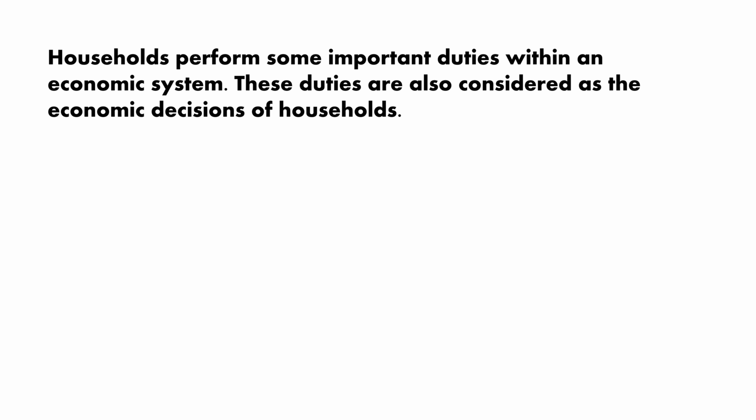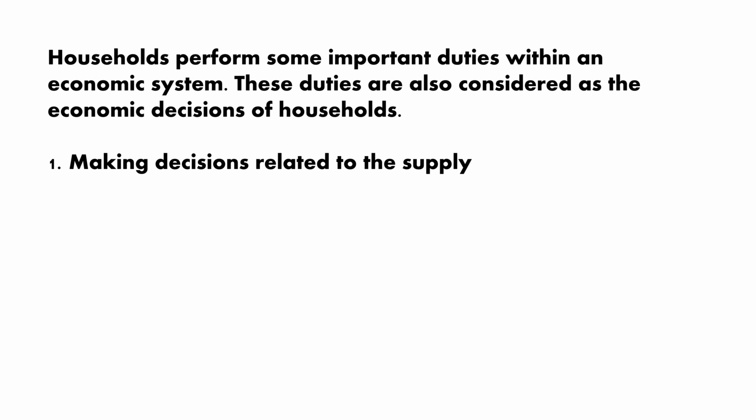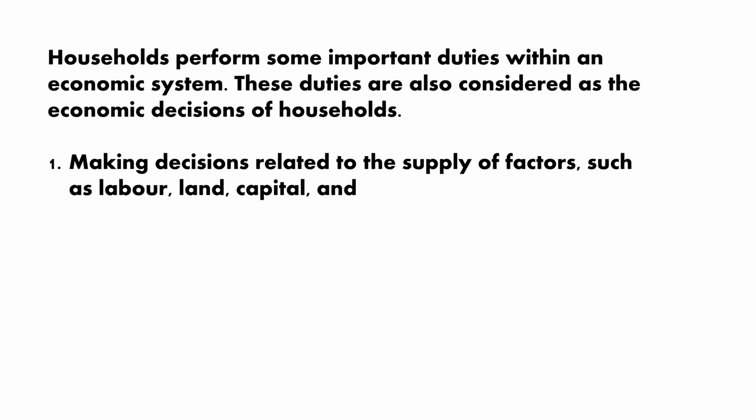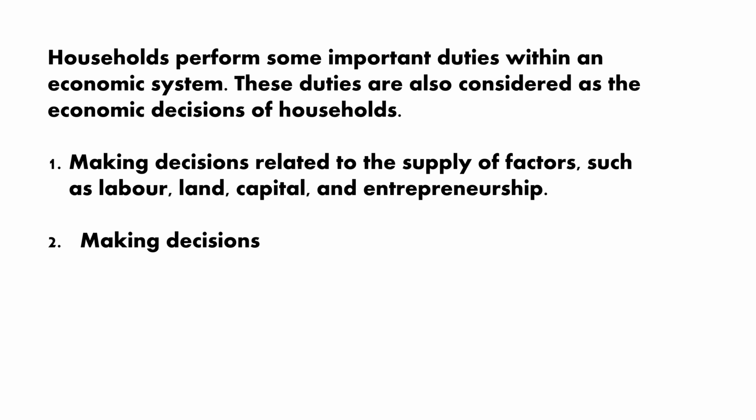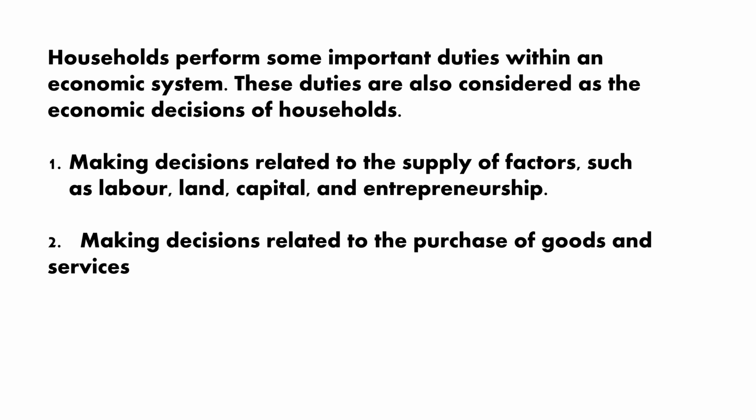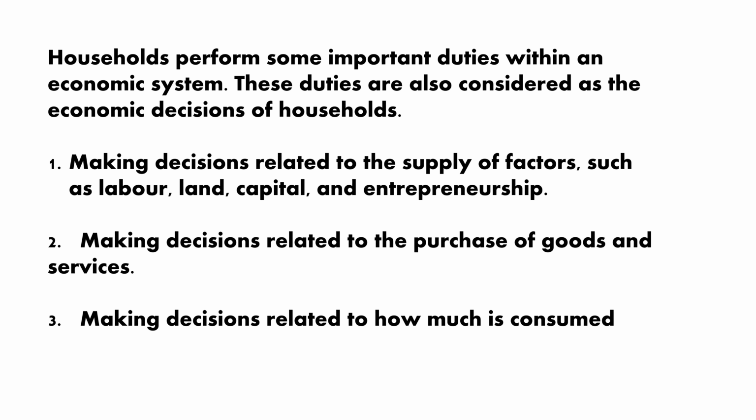First one, making decisions related to the supply of factors such as labor, land, capital, and entrepreneurship. Second one, making decisions related to the purchase of goods and services. Third one, making decisions related to how much is consumed and how much is saved.